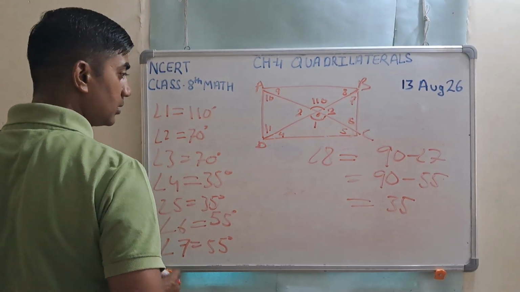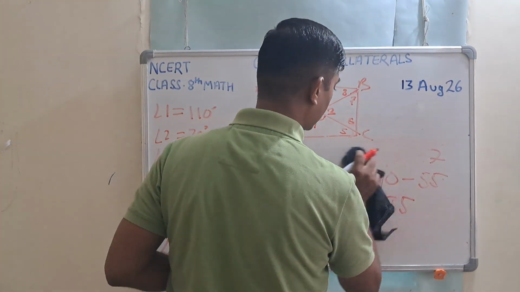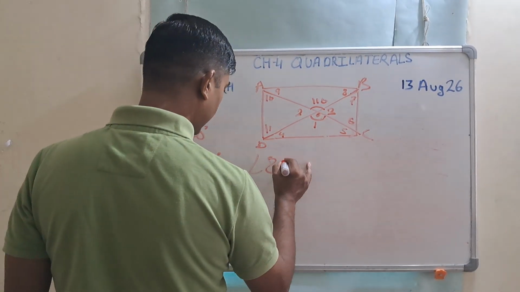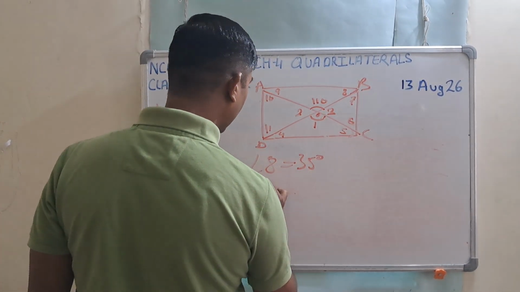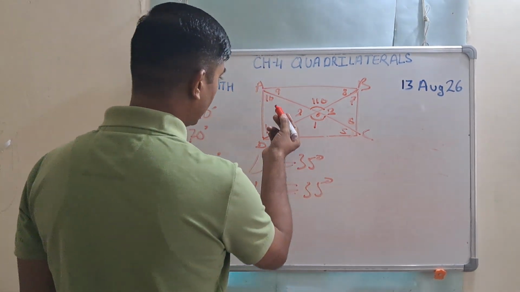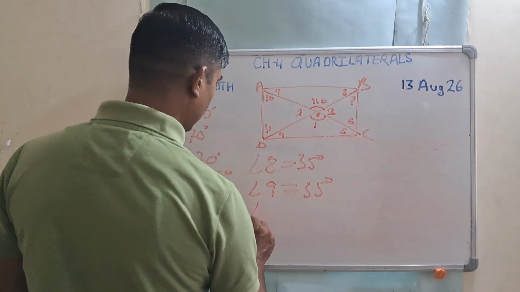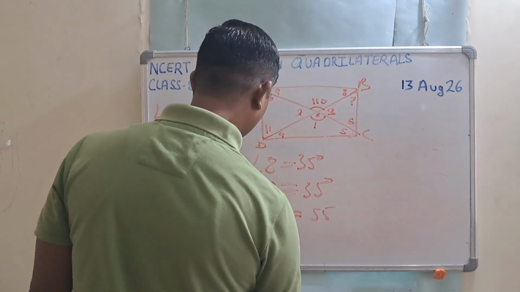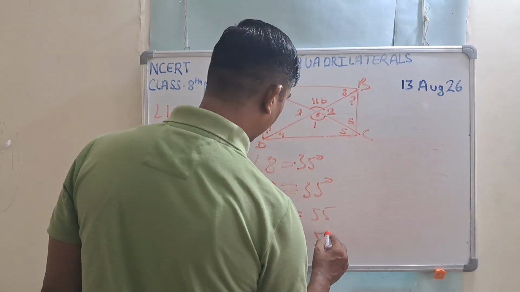So angle 8 is 35 degrees and angle 9 is also 35 degrees. Angle 10 is equal to 55 degrees and angle 11 is equal to 55 degrees.